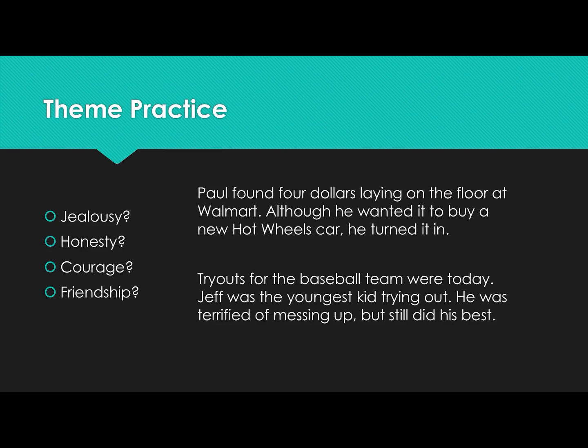For the second one, it says tryouts for the baseball team were today. Jeff was the youngest kid trying out. He was terrified of messing up, but still did his best. So if he was really scared, but he still did his best, that shows us that he had courage. So courage is the theme of that short story.